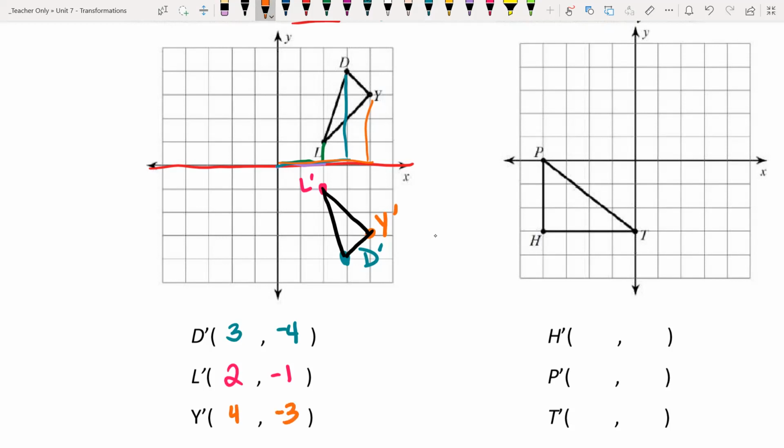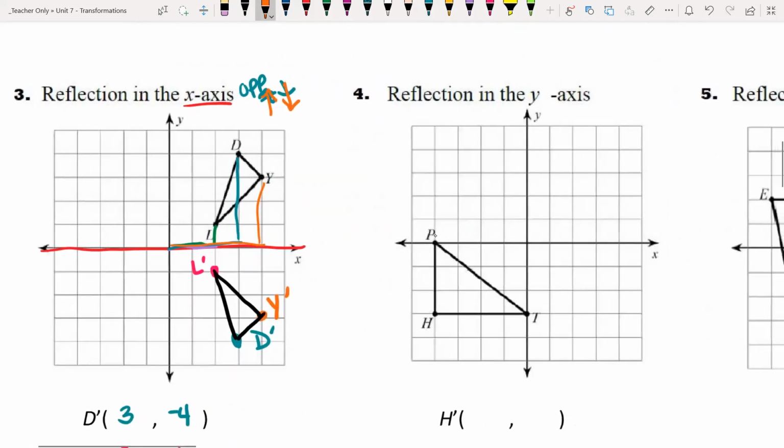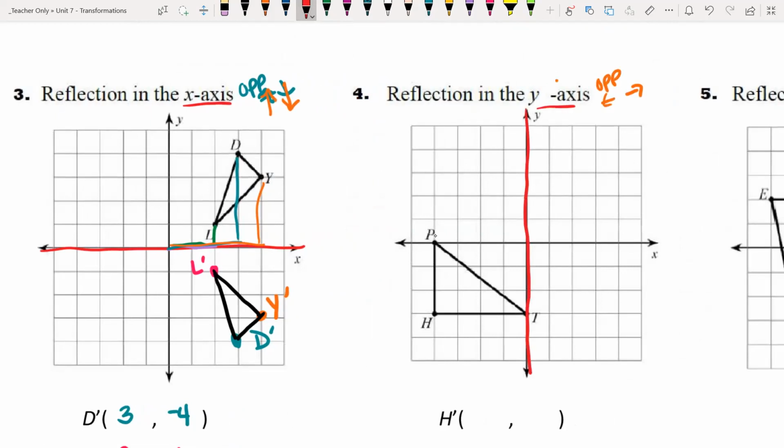Okay? So again, our x-axis, we do the opposite of up or down. For our y-axis, we do the opposite, left or right. Okay, so let's try these. So my y-axis is my line of symmetry. It's right here.